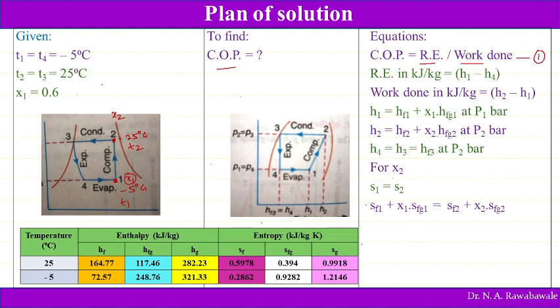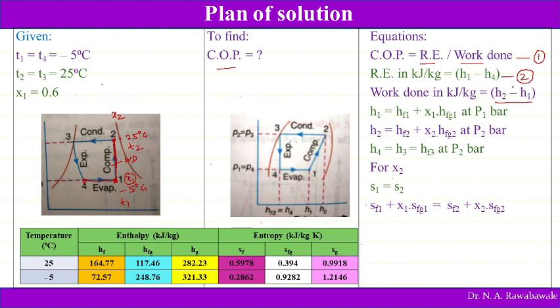The refrigerating effect in kilojoules per kg is the difference of enthalpy at point 1 and point 4, H1 minus H4, given by equation number 2. Then work done in kilojoules per kg is obtained from the enthalpy at point 2 and point 1: subtracting H1 from H2 gives H2 minus H1.